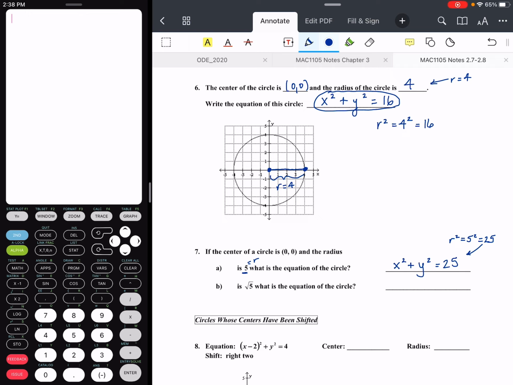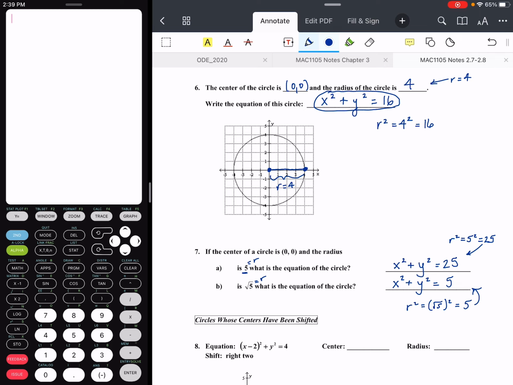Now for b, if I have a radius of square root of 5, what is the equation of the circle? x squared plus y squared equals r squared, which is square root of 5 squared. The square root and the squaring undo each other, so I simply get 5. So this would be x squared plus y squared equals 5.